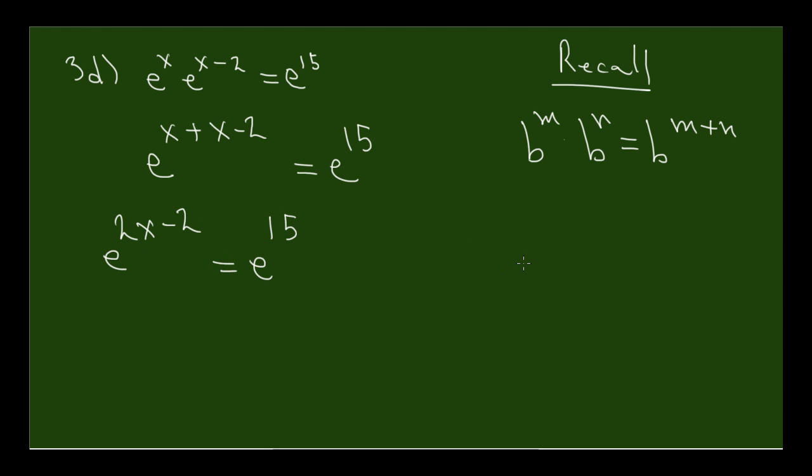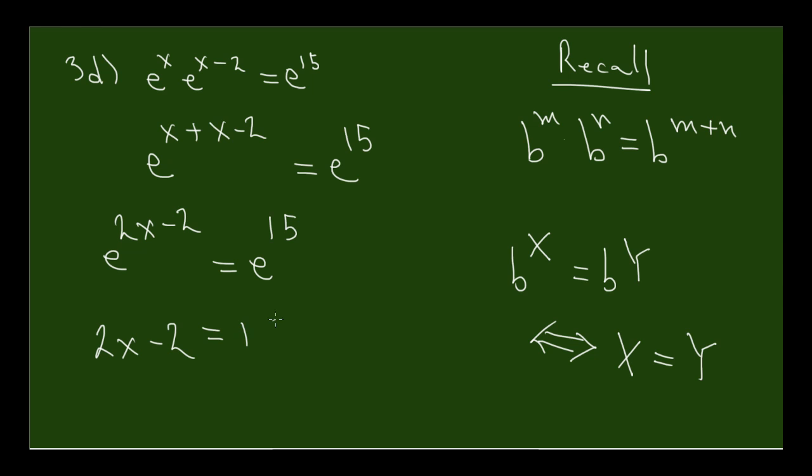Well, we recall that one-to-one property of exponents. If we have b to the x is equal to b to the y, this is true if and only if x is equal to y. So right away, whether we took the natural logarithm of both sides or just noticed this property, we can write 2x minus 2 is equal to 15.